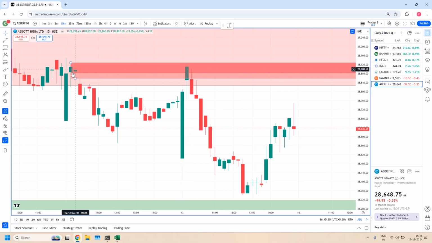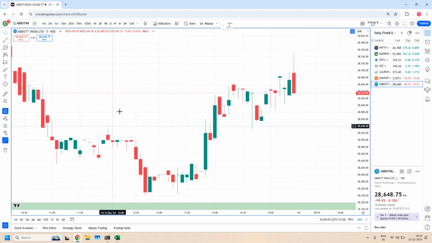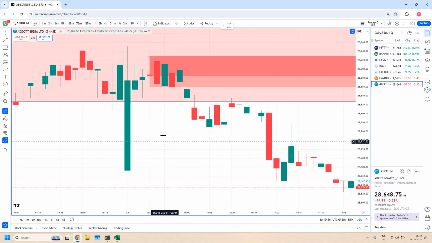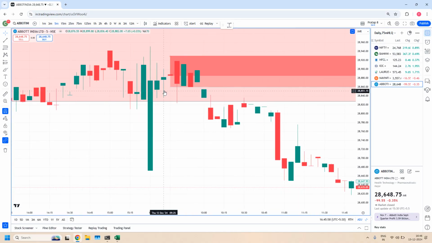Okay, now let us fine tune this with the 5 minutes time frame. See here in the 5 minutes time frame, again you have a failed ERC candle as a rally, you have a base candle, and then you have a drop candle. This is a big, large candle, and half of the candle has the body.